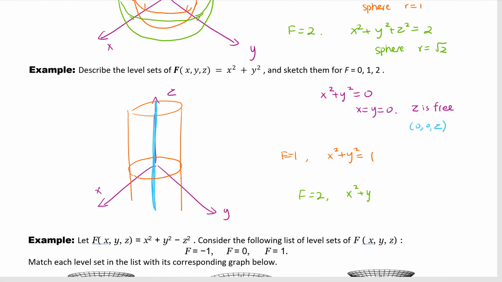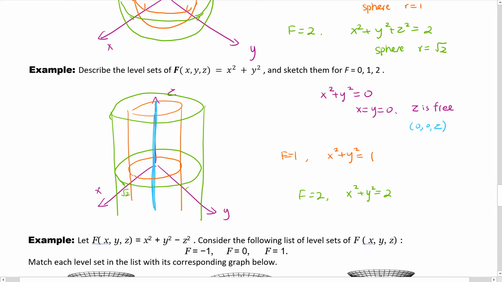Well, x squared plus y squared equals 2. This is like square root of 2, so we have a bigger circle on the xy plane. So we will get a larger cylinder. Okay, so it's the vertical line and then different sizes of circular cylinders there.